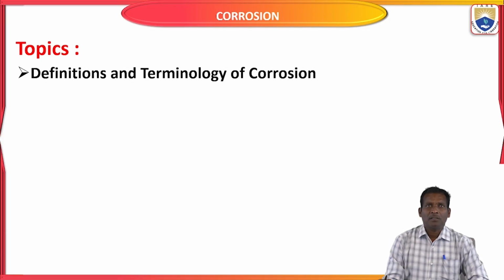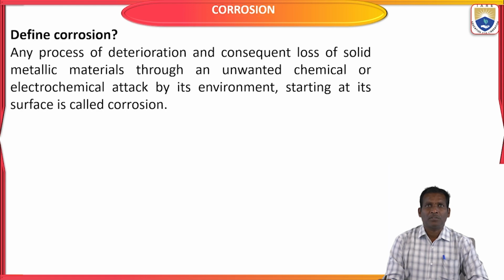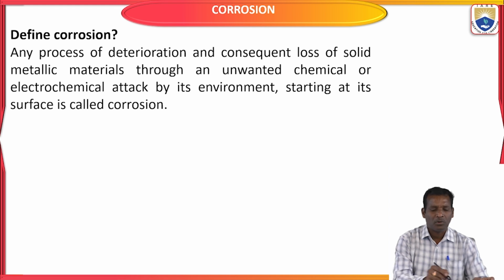So, first of all, the topic is definition and terminology of corrosion. Define corrosion. Sometimes they will ask a simple question, define corrosion. You have to write in 2-3 lines only. Any process of deterioration and consequent loss of solid metallic materials through an unwanted chemical or electrochemical attack by its environment, starting at its surface, is called corrosion.